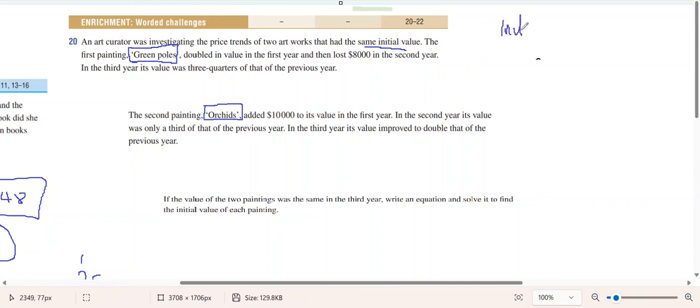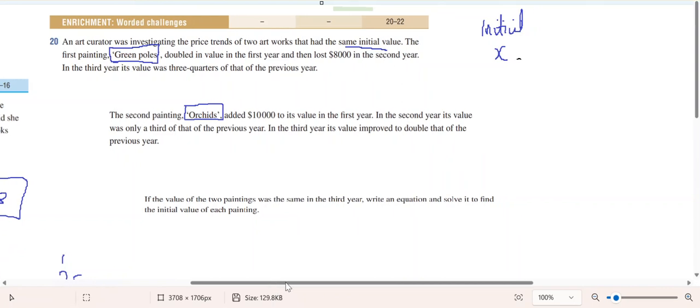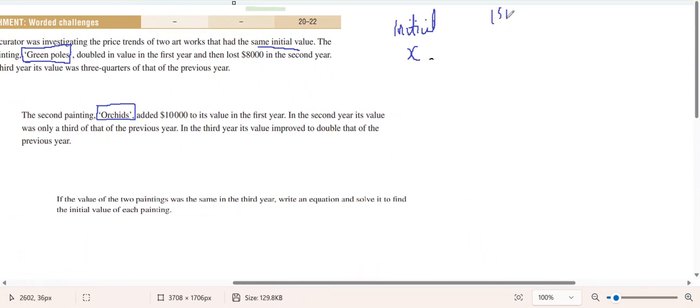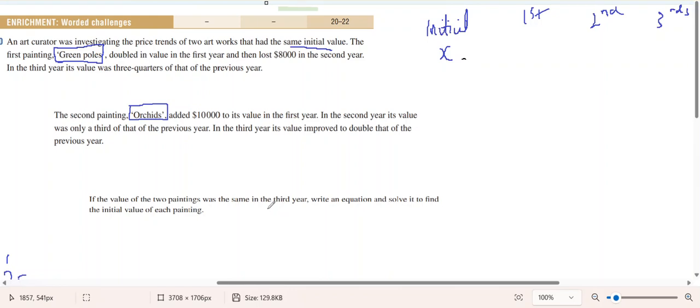So the initial value, I'm going to say, is X dollars for both Green Pole's and Orchid's. And we know what happened in the first and the second and the third years. If the value of the paintings was the same in the third year, write an equation and solve it.